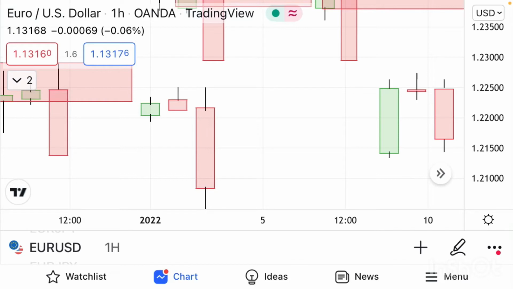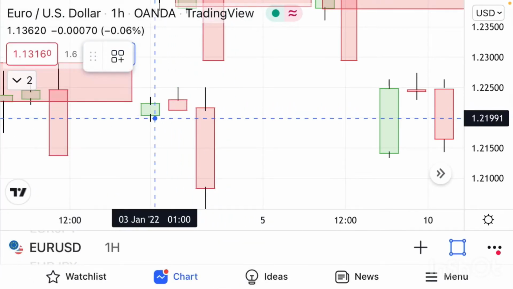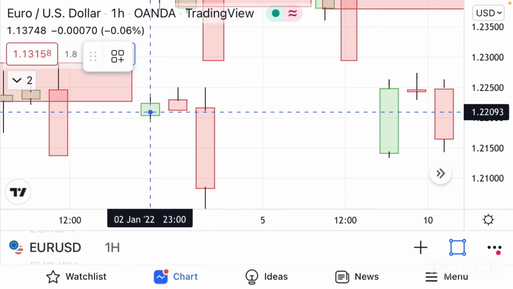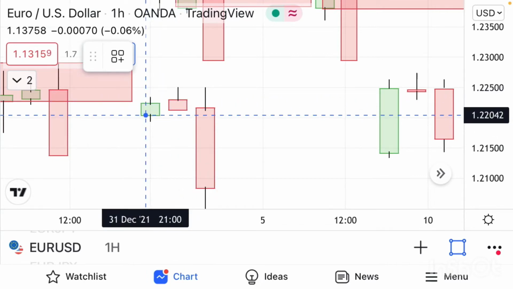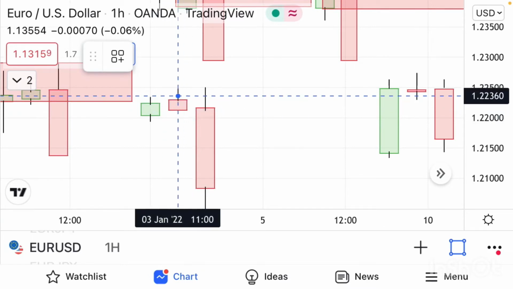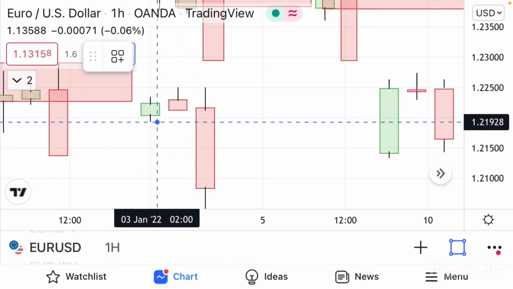If you want to check for the demand, you have to flip this chart. You flip it, and you get it the same way. From this candle, you are not drawing from this candle because this is a bearish candle. After this candle, we had another candle here, this bearish candle before the drop, and you can see that this drop breaks this low.